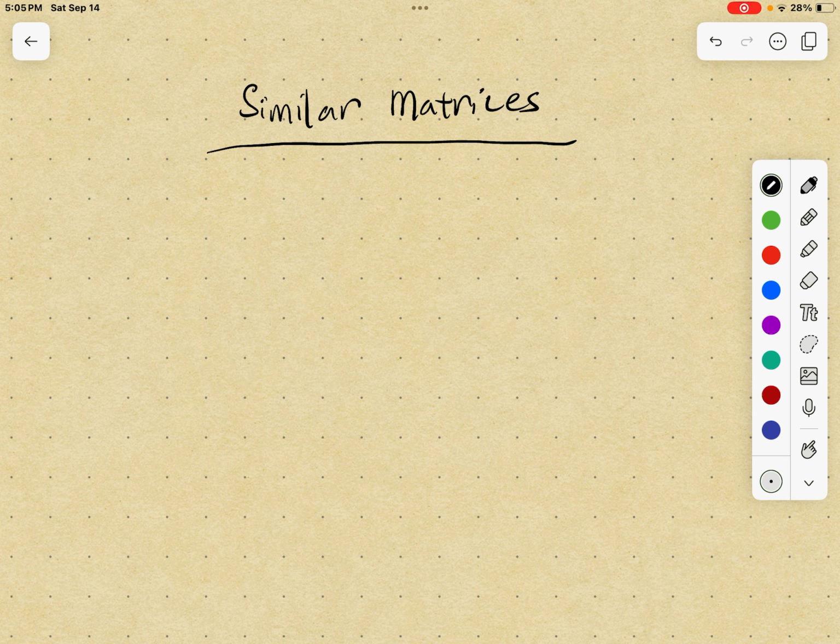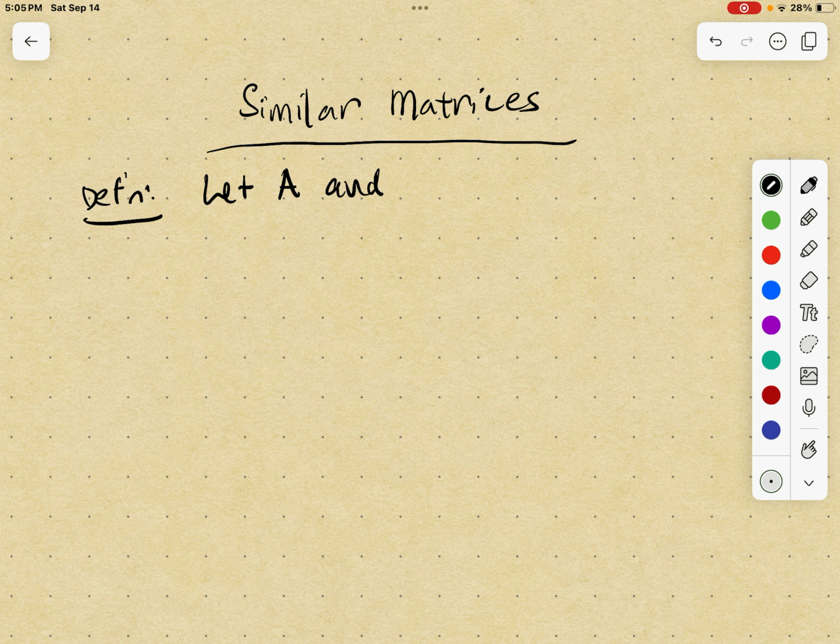Okay, in this video we'll talk about similar matrices. So here's the definition. Let's say that A and B are two n by n matrices, so square matrices with the same size.